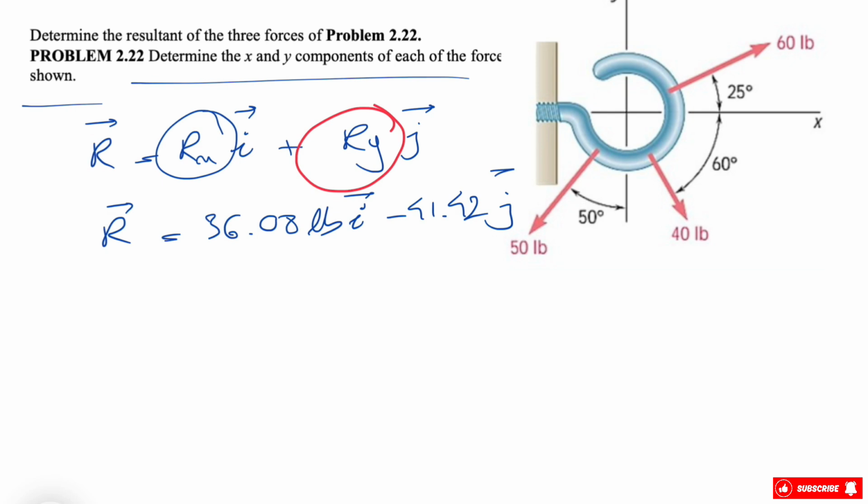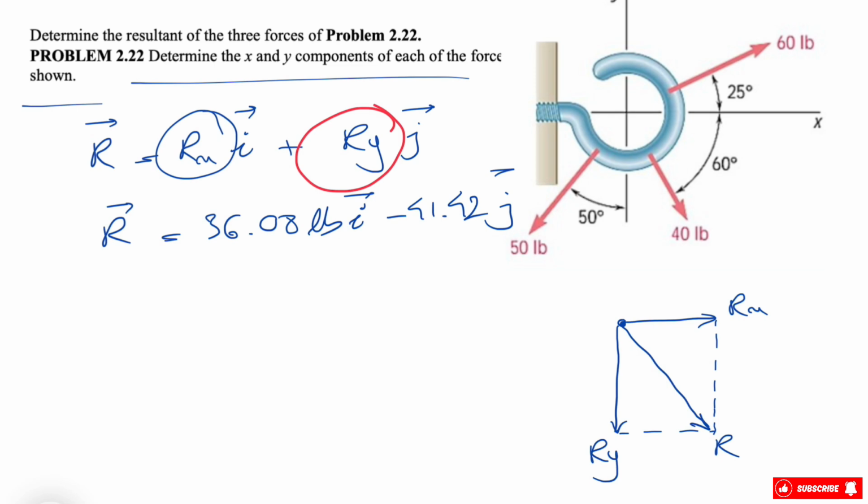So if we look at our R, we'll see that the x component is positive and the y component is negative. And what we have for R would be this vector over here, which we call R. So this was our Rx, which is to the right since it's positive, and Ry is downward since it's negative.